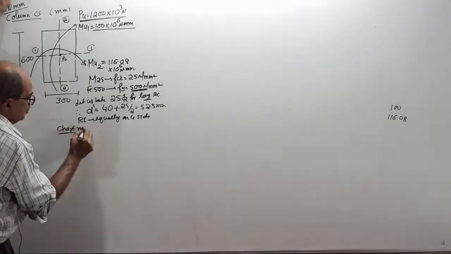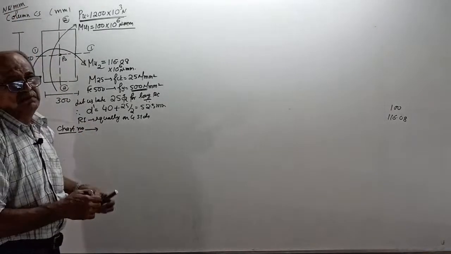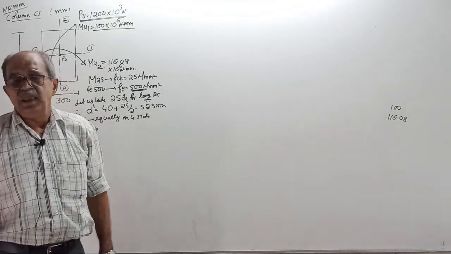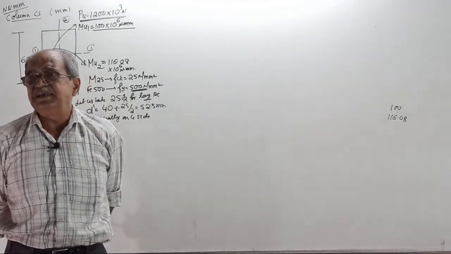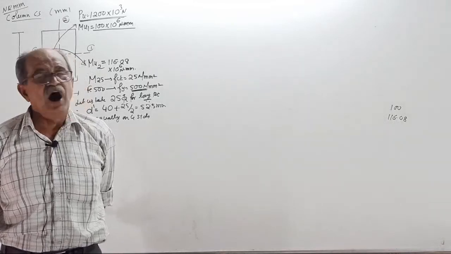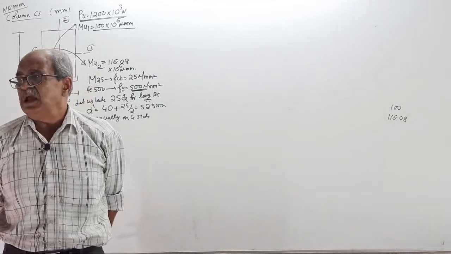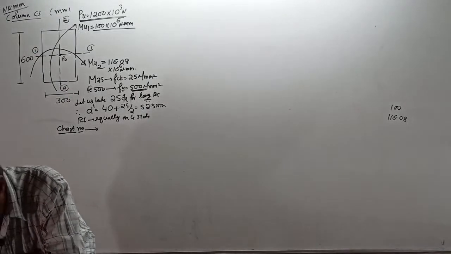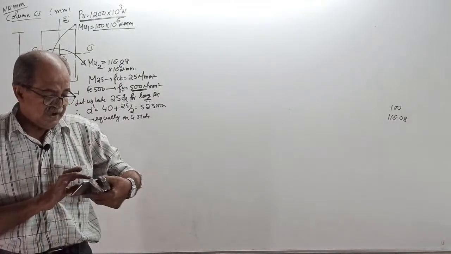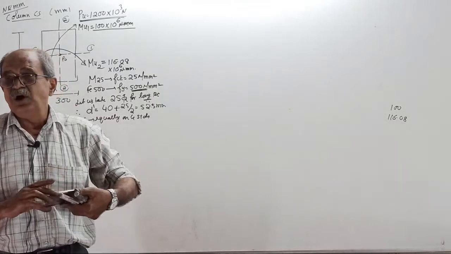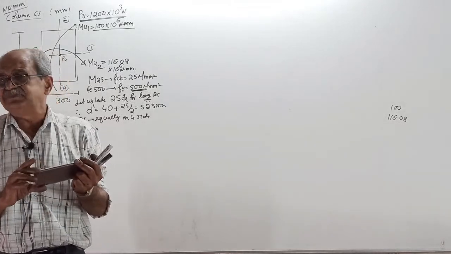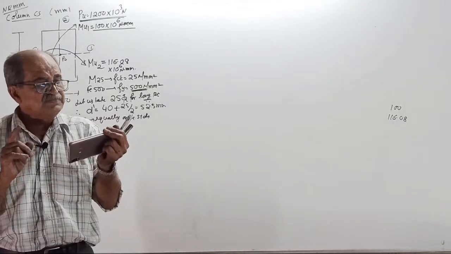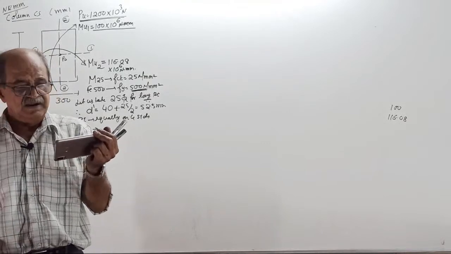Chart number to be used is fast. Last time I told you: FE 500 steel, biaxial bending, and column with reinforcement equally on four sides. Chart number fast. This I will not repeat. Four charts are there based on D dash by D, depending on which D dash by D you will take. Starting chart number, tell the answer.